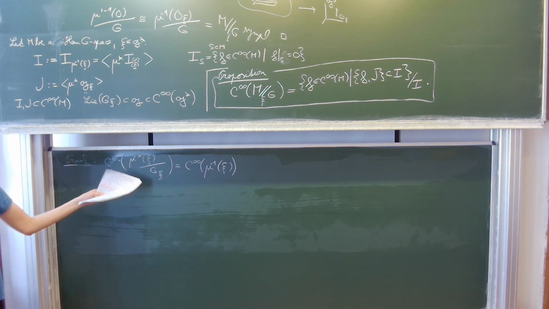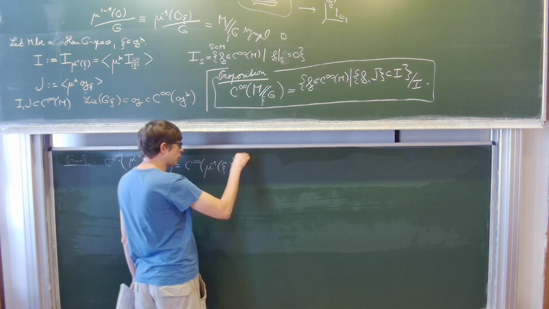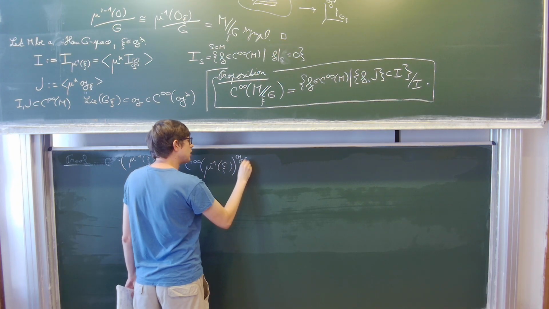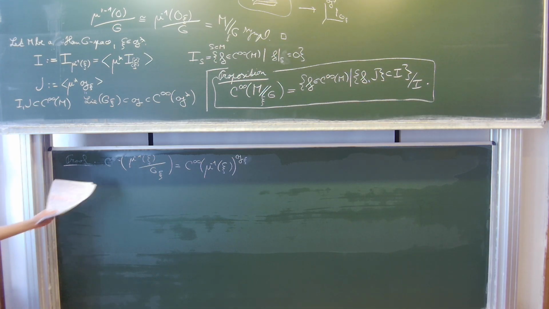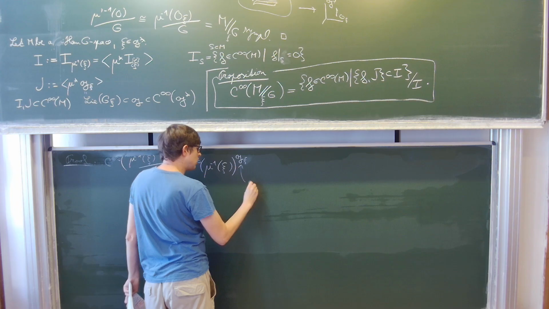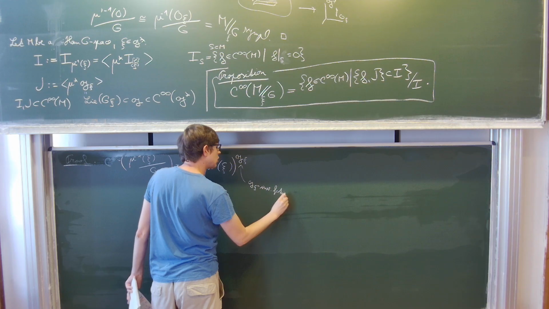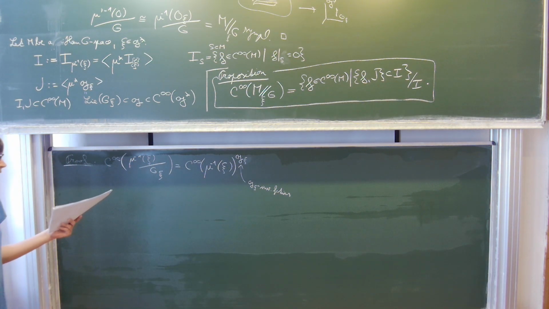Fortunately, now we have a group that acts, so I can say that those are the ones that are invariant under the group action, which people usually denote by putting the thing here. And I can replace the group by the algebra because I have some connectedness of the group. So this means G, Xi, invariant functions. Normally I should put big G for the group, but since it's connected, it doesn't matter.